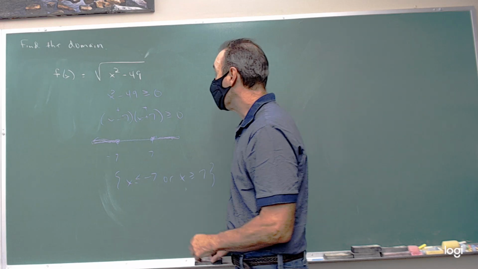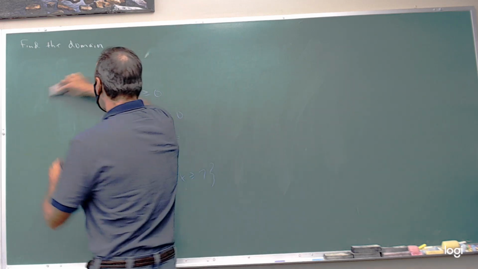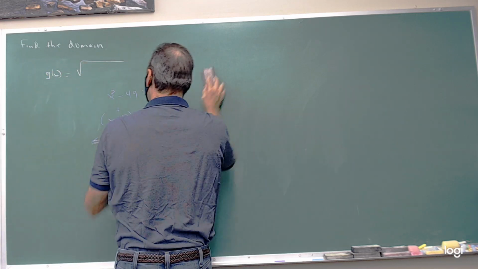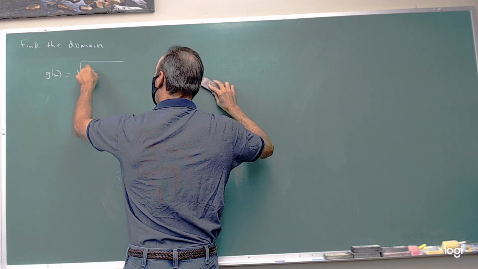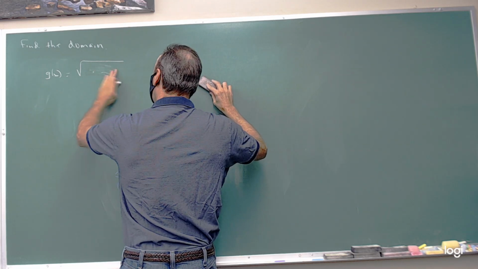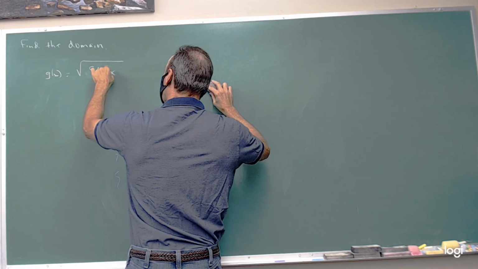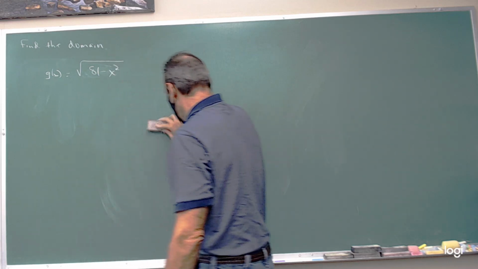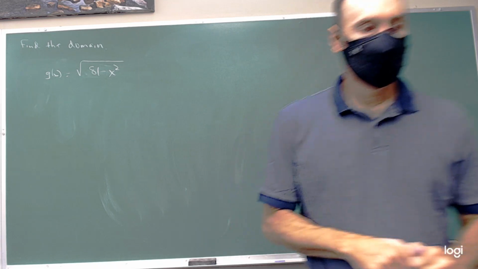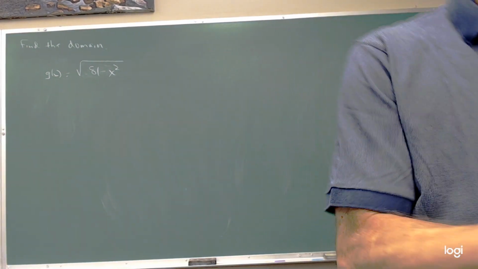Similarly, but different, I'm going to give you g of x is the square root of 81 minus x squared. Okay, back to the first group that was up here. You can return to the scene of the crime and do that one.